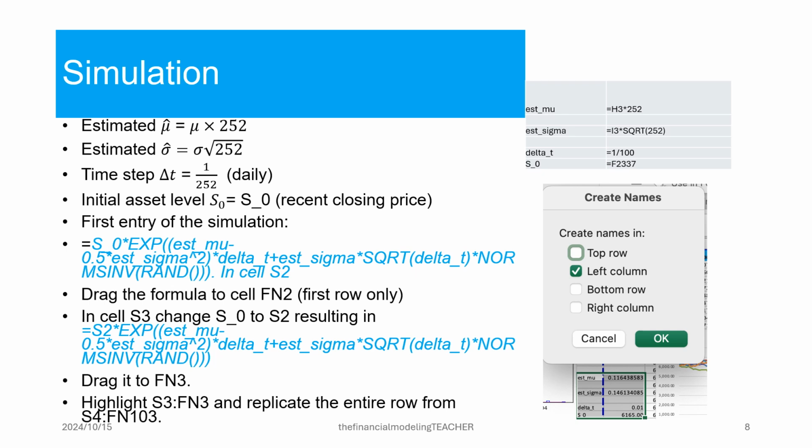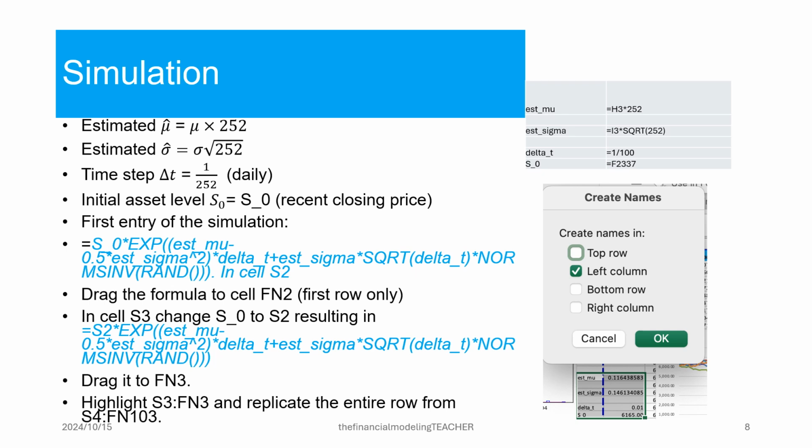So in our simulation, the first thing that we shall do is we name variables in those cells. est_mu is equal to H3 by 252. And est_sigma shall be I3 multiplied by the square root of 252.